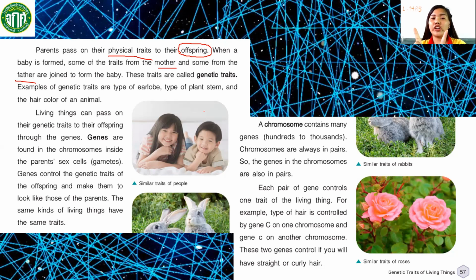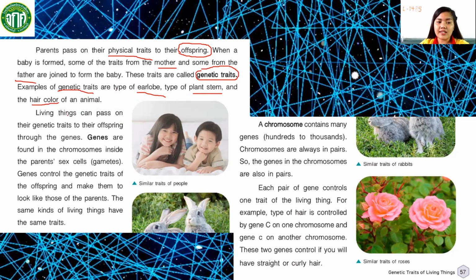These traits are called genetic traits. Examples of genetic traits are type of earlobe, type of plant stem, and the hair color of an animal.